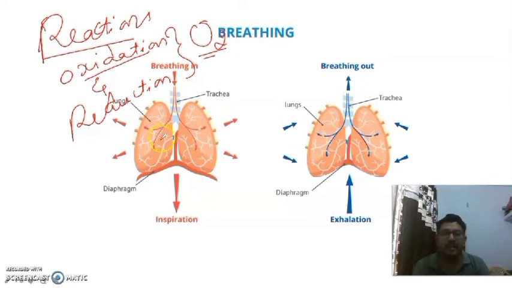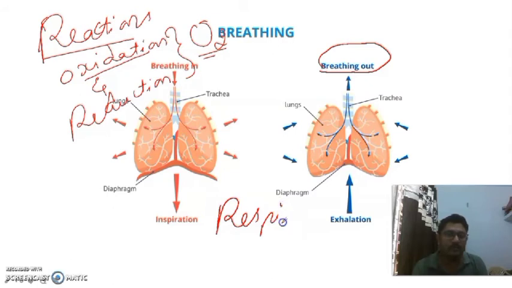In the lung, this oxygen is exchanged with carbon dioxide, and when we breathe out, the carbon dioxide comes out of the body. This oxygen is utilized for breaking the food to release energy. This process is called respiration. So the second life process is respiration.